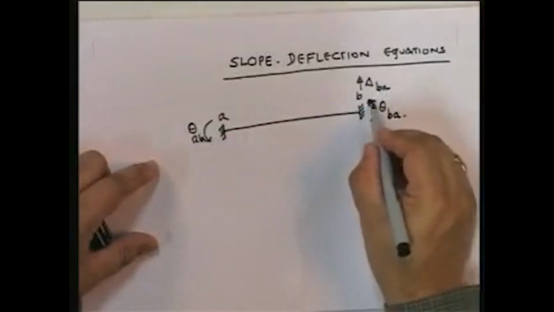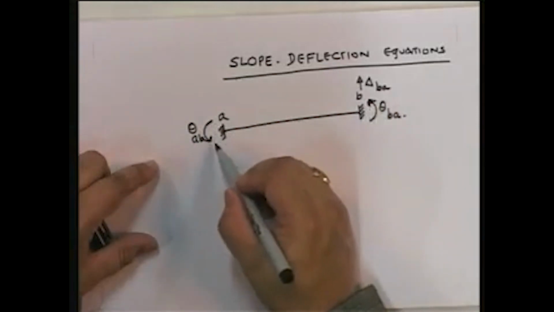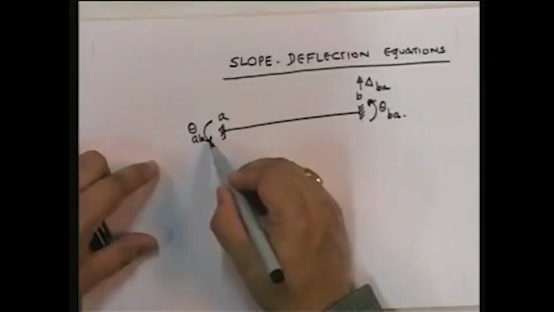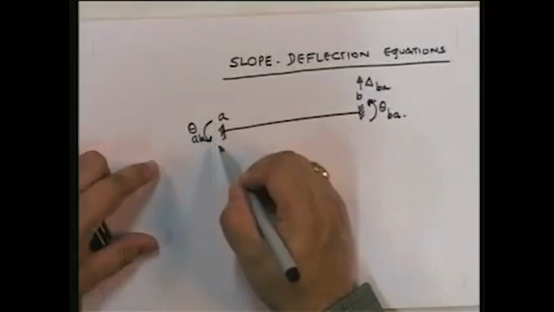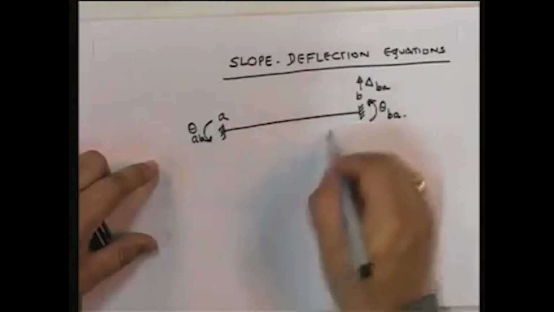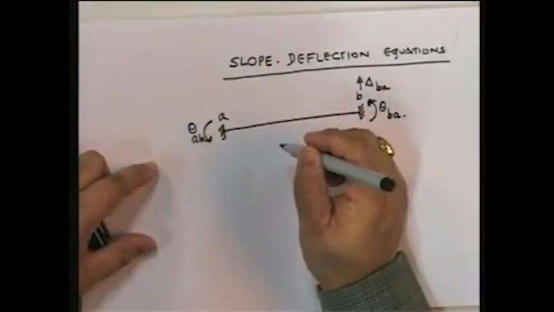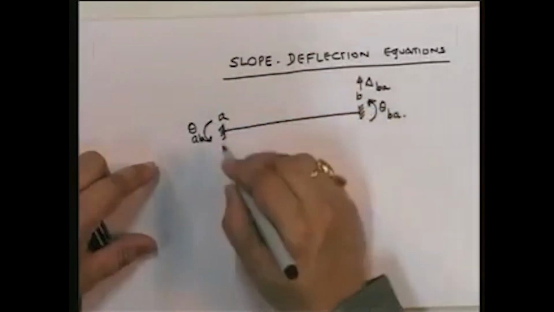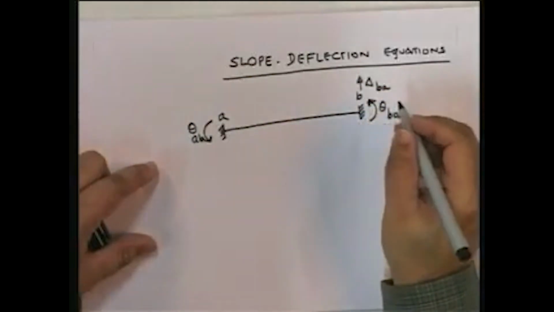And another point that you will slightly notice if you look at standard slope deflection equation books is how this theta is defined. What I define is, I always define anticlockwise rotation as my positive orientation. I'll always have anticlockwise rotation as positive in my notation system.